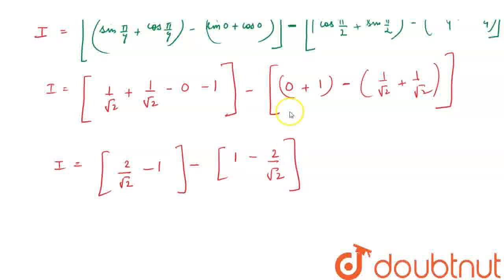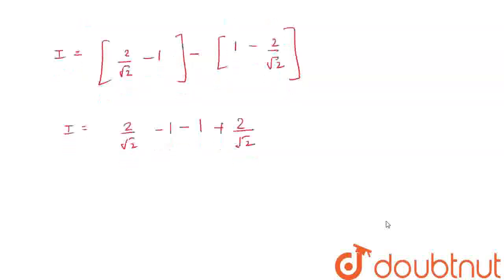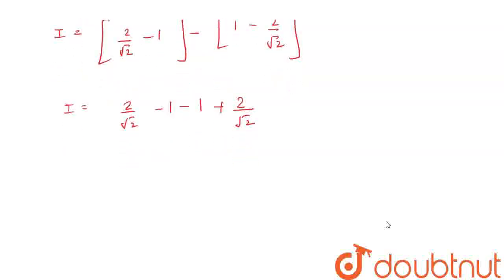Solving this, we get I equals 2 by root 2 minus 1 minus 1, and this will become plus 2 by root 2. So we have 4 upon root 2 minus 2. Taking the LCM, this will become 4 minus 2 root 2 upon root 2.